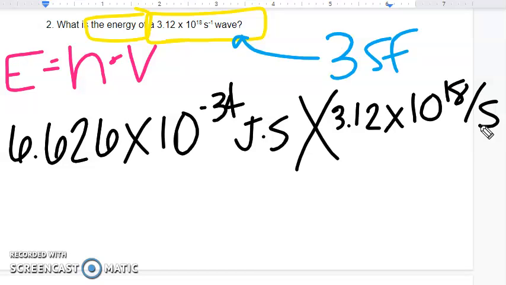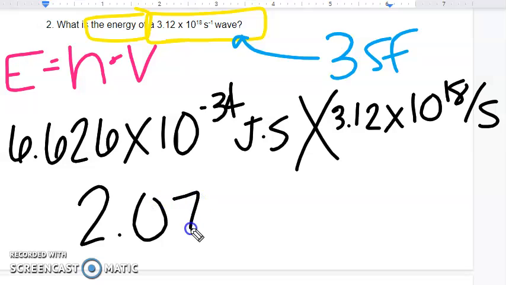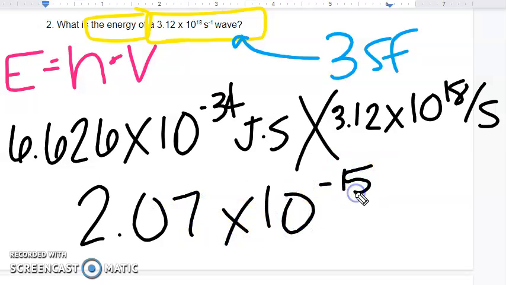Okay, now when I plug this into the calculator, remember I want 3 sig figs, so I am going to get 2.07 times 10 to the negative 15. Let me space that out a little bit. Now if you're looking at your units, remember if you have the same unit on the top and on the bottom, then they cancel out.